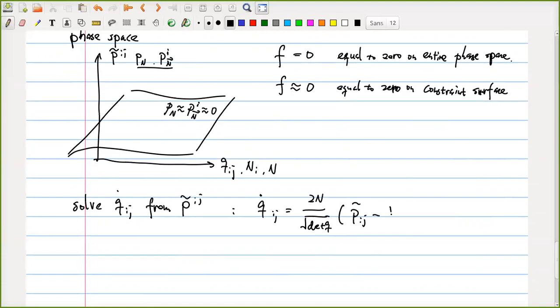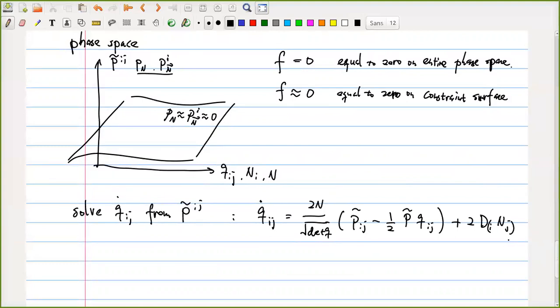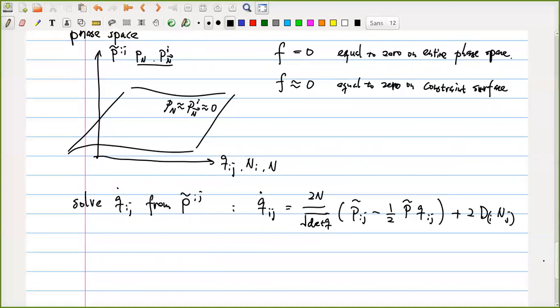Twiddle minus 1 half P twiddle Q ij plus 2 P twiddle ij symmetric. Q ij is a symmetric tensor, so the spatial metric is symmetric, and P ij is also symmetric. That's why you need a symmetrization of ij. This formula I will call star. I will use this formula later on.